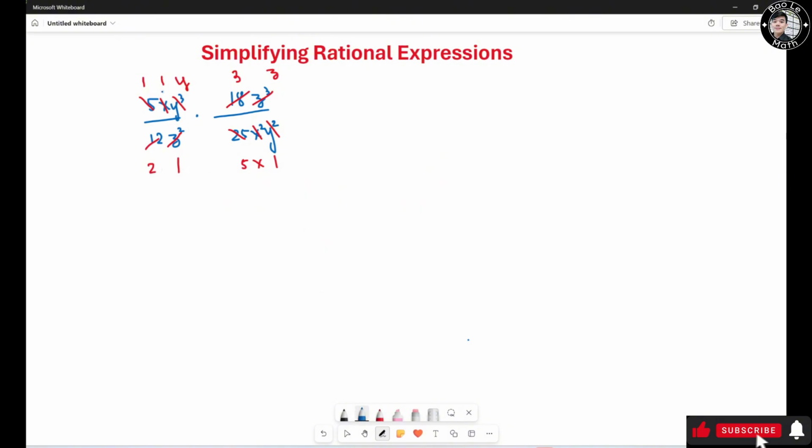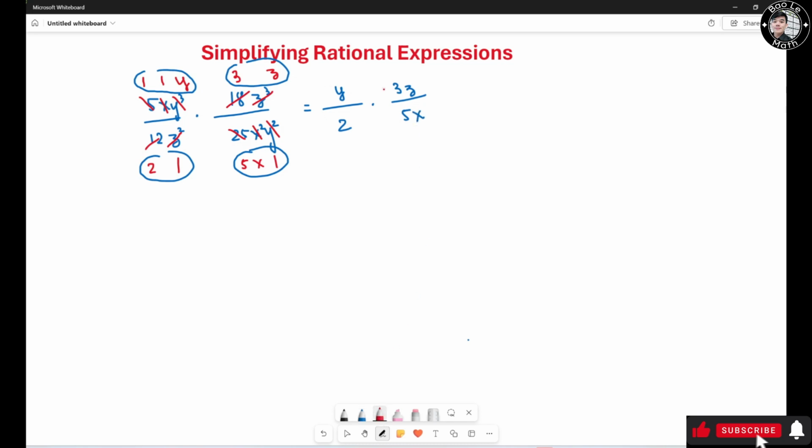Now, you need to multiply this guy up. 1 times y is going to be y, right? This guy, 2 times 1 is going to be 2 times 3 times y is going to be 3z. 5 times s times 1 is going to be 5s.